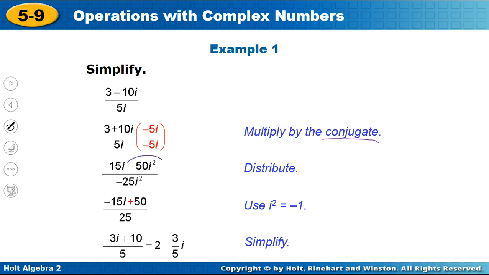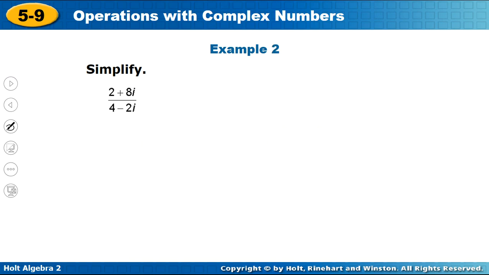Remember, they changed this to a positive 50. And then they simplified it. Now, they simplified it without separating it first. I separated it first and then simplified it. But you can see they went ahead and did that before breaking it up anyway. So it's all good. Either way works. I personally like separating them out and then simplifying, but to each their own.